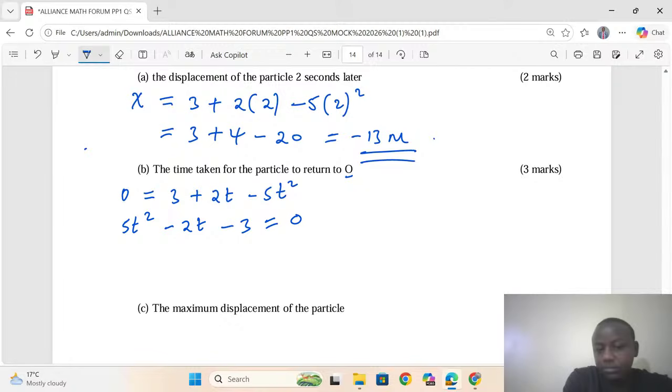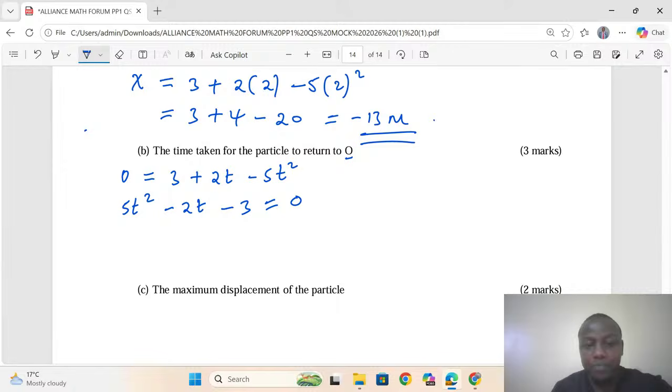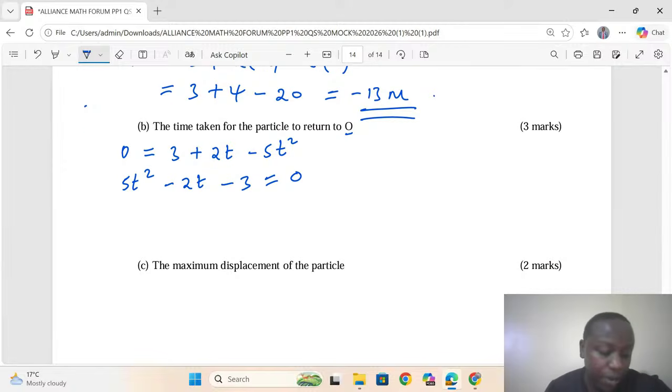So we have a quadratic equation, whereby we are supposed to solve and get the values of t when displacement becomes 0. That is when it moves until it gets back to where it started, until it returns to O. So that interpretation is very serious. Now we can solve.